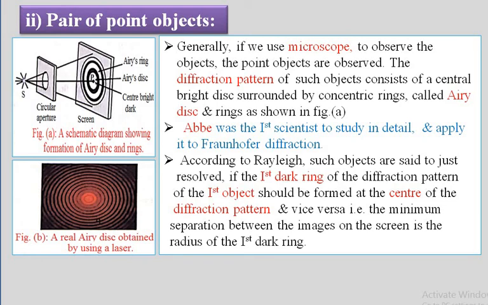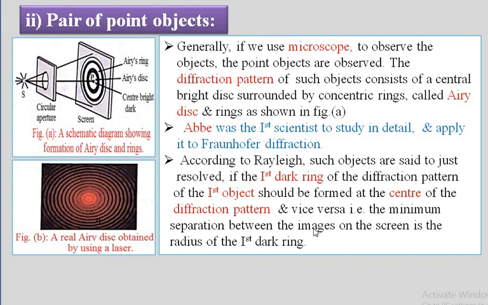Abbe was the first scientist to study in detail and apply it to Fraunhofer diffraction. According to Rayleigh, such objects are said to be just resolved if the first dark ring of the diffraction pattern of the first object is formed at the center of the diffraction pattern of the other, and vice versa.